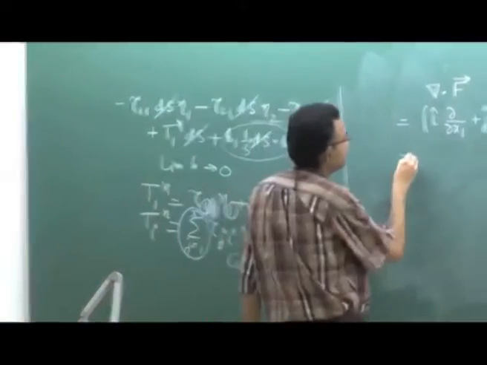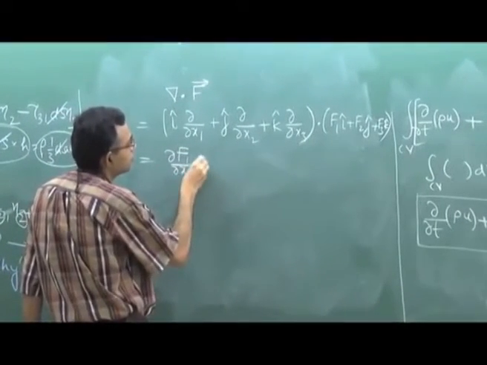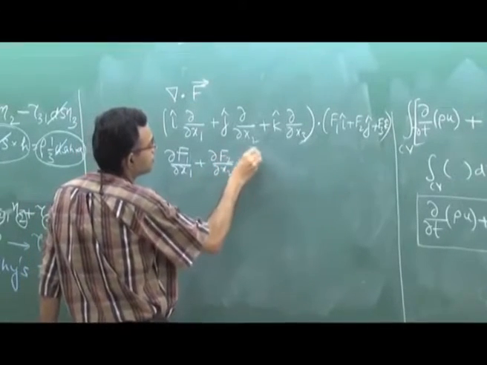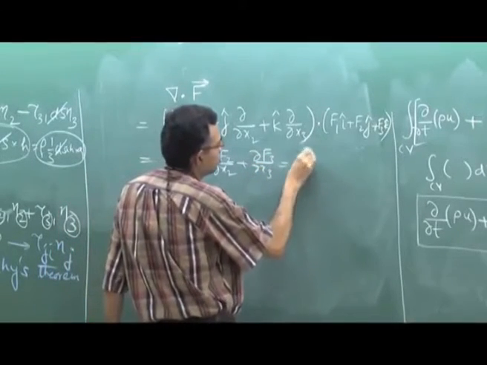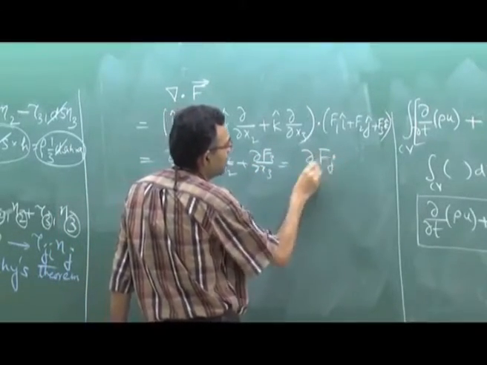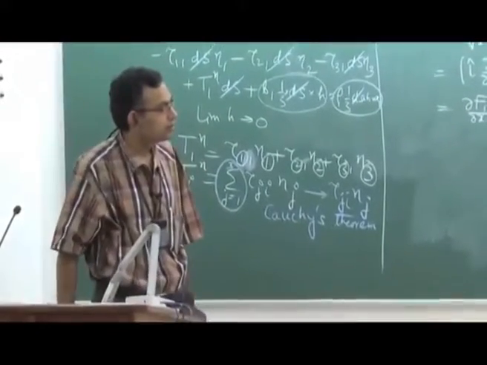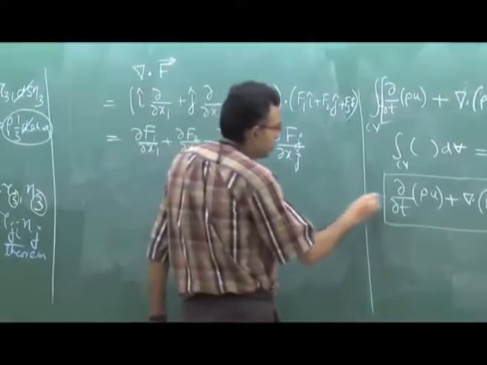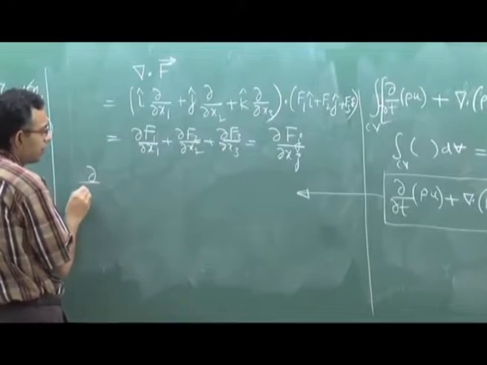So you can write, so in index notation, del f j del x j, right. So we will use this term, use this equation and write the index notation version of it.